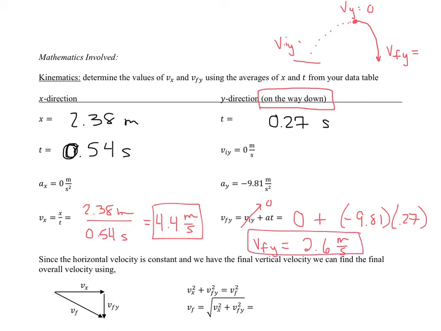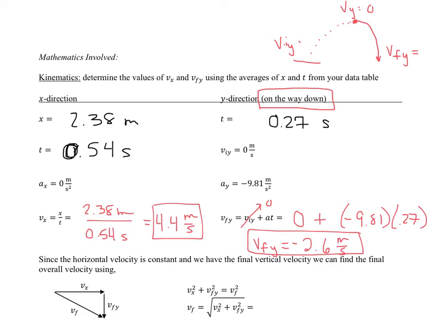Negative, obviously, because it's a velocity going down. Now, again, your answer might be a little different from your group's data. The process is what's important right now. We'll get different numbers, and we'll talk about those numbers and how they're different or why they're different.